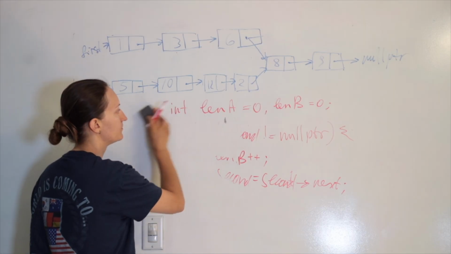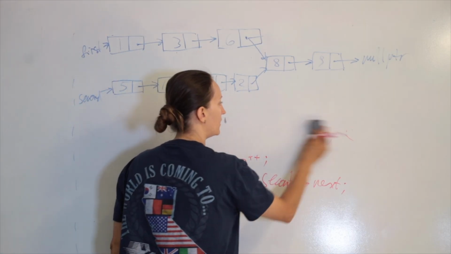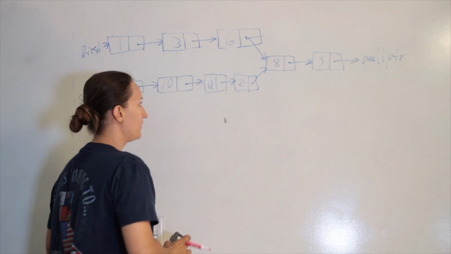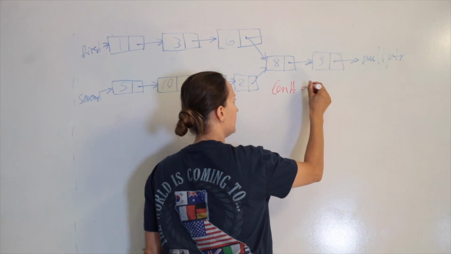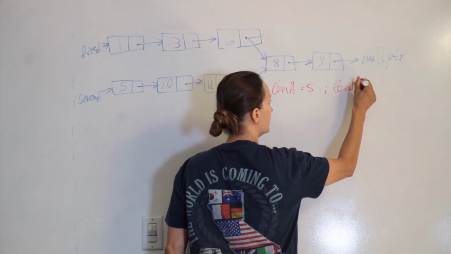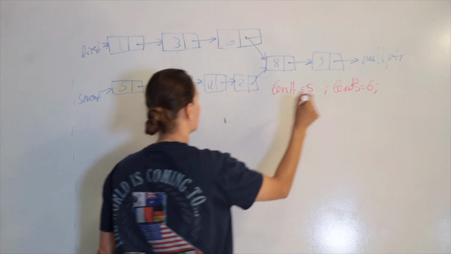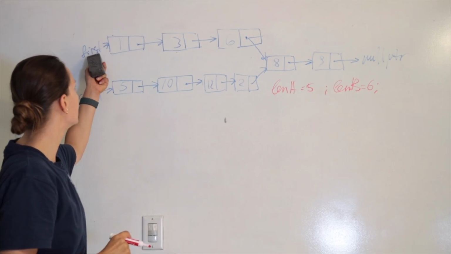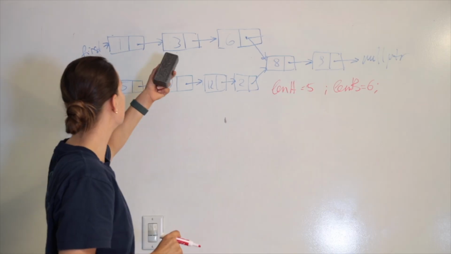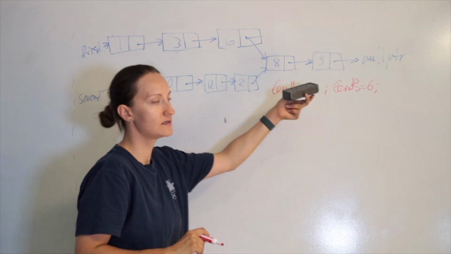The next part. After we count our length, so we have len a equals 5, len b equals 6 at this point. We now have to reset our pointers because we traversed our list with the first and with the second till the end.